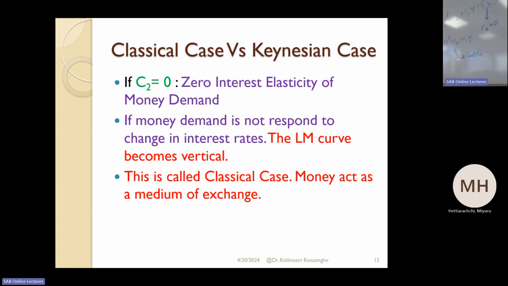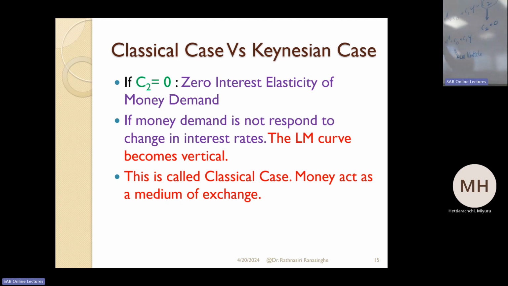Since money demand does not respond to a change in the interest rate, the interest rate has a neutral effect on money demand. So if you look at the LM curve under this circumstance, it becomes vertical.